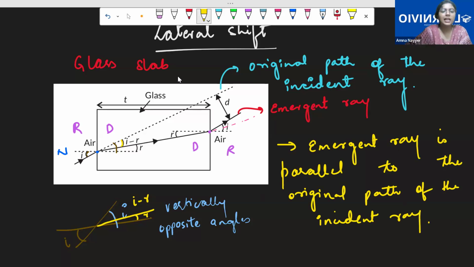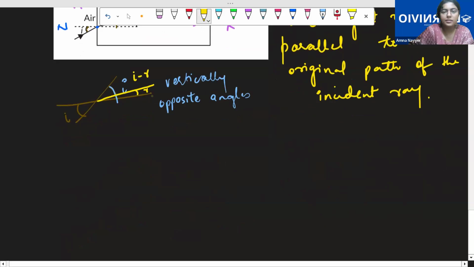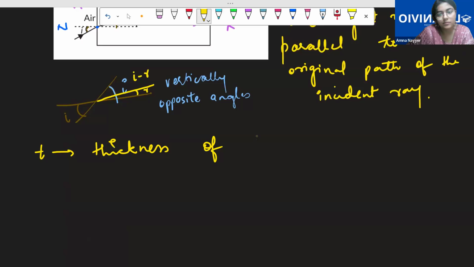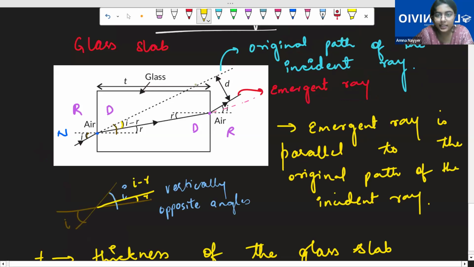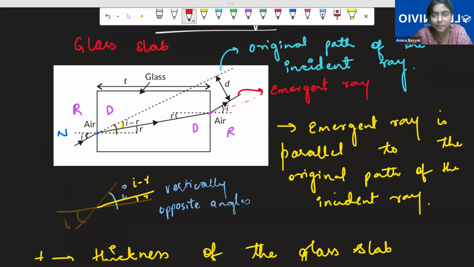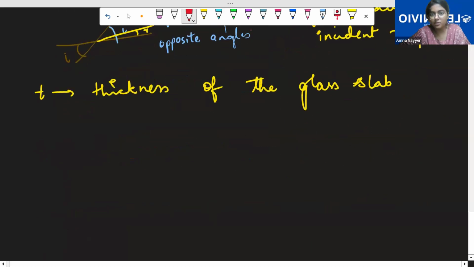Let's say T is the thickness of the glass slab. Look here, this parallel gap between the original path of the incident ray and this emergent ray is known as the lateral shift. Got it?